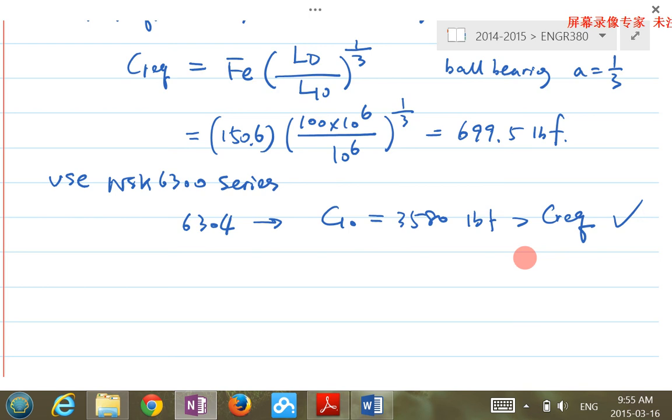So now let's look at another case study here, okay? Basically, if you're designing for a combined load condition. So that's case number 2.